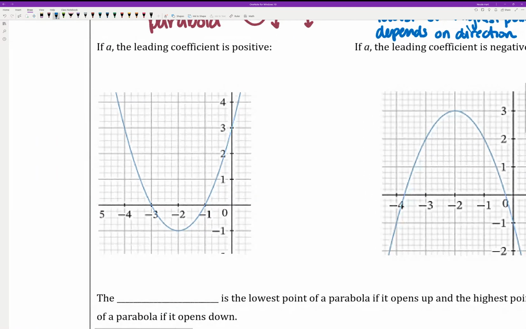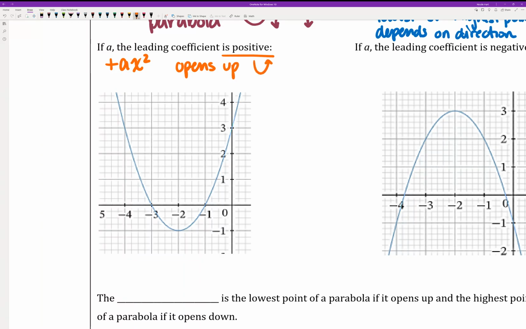Looking at the one on the left, if a, which is our leading coefficient, is positive, so you don't see a negative in front of ax squared, it is going to open up like a U, and it will have a minimum. So this low point down here at the bottom is the minimum.